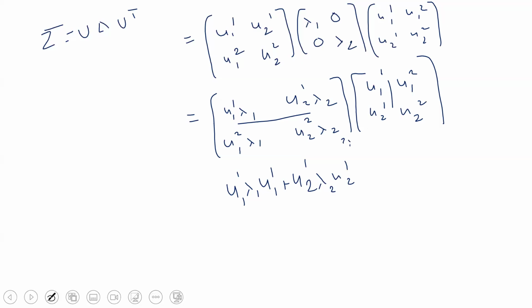What does this become? u11 lambda 1 u12 plus u21 lambda 2 u22.